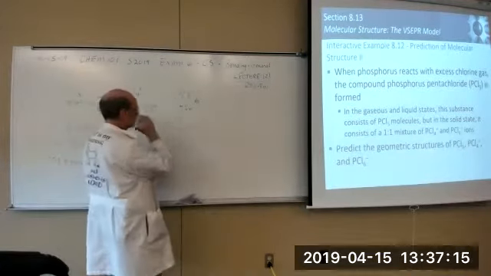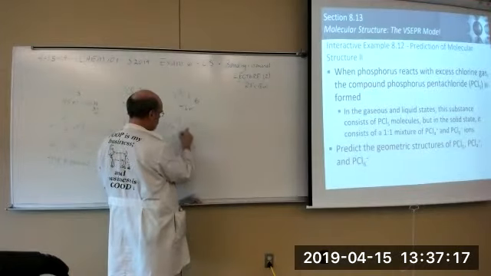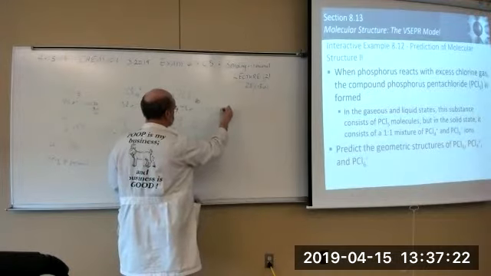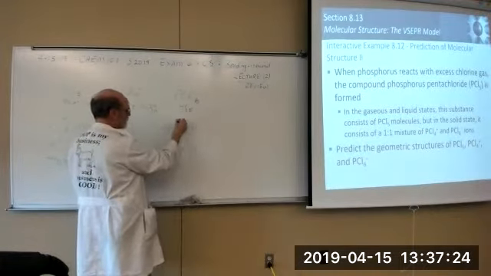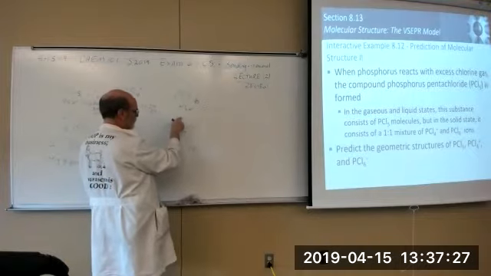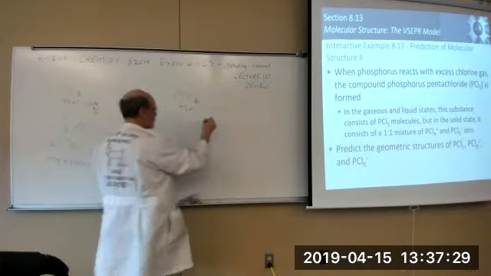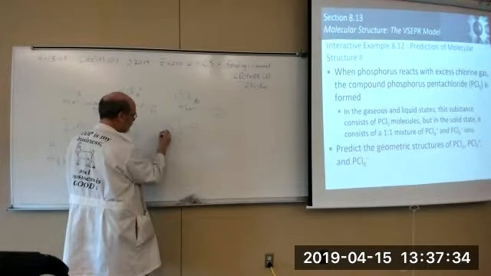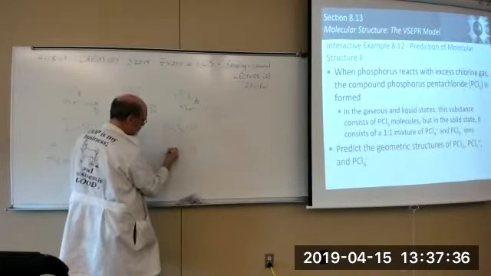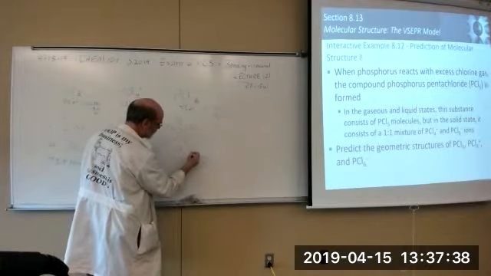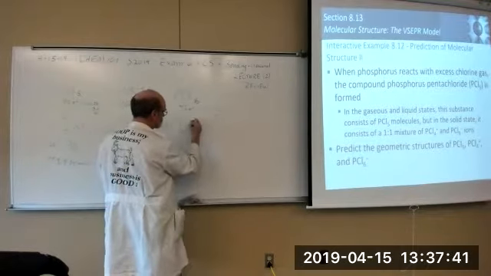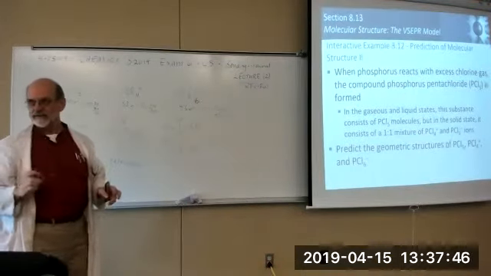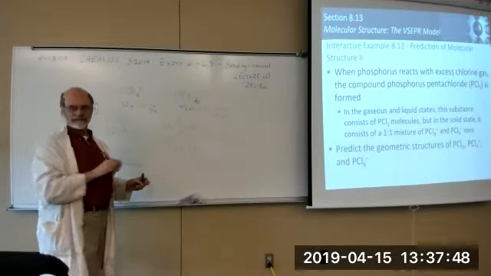Here we have 6. So 2, 4, 6, 8, 10, 12. So that's 36 electrons, and so that's 6 around 6, so it's minus 36. So all these, phosphorus has no lone pairs in any of these arrangements. So the electronic structure is the same as the molecular structure. So if we have 6 around there, what's that structure? Octahedron.